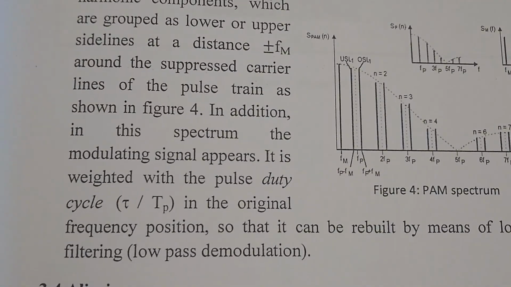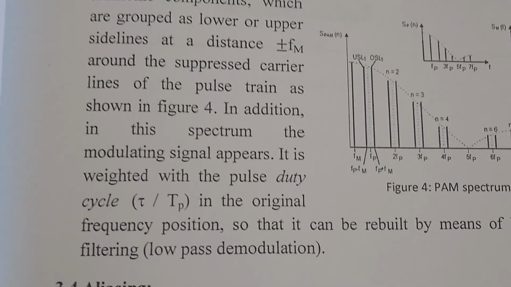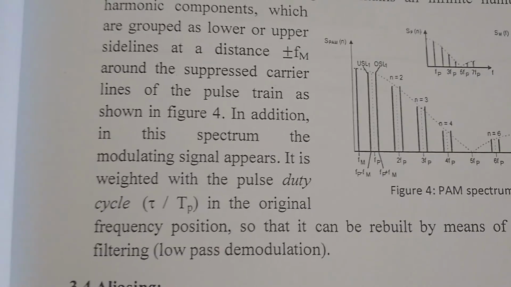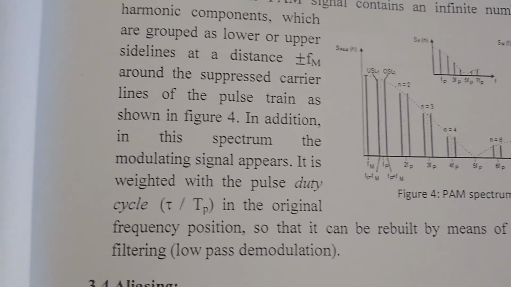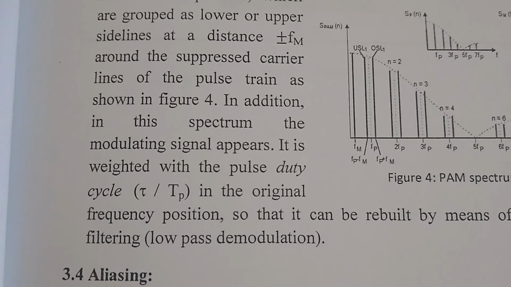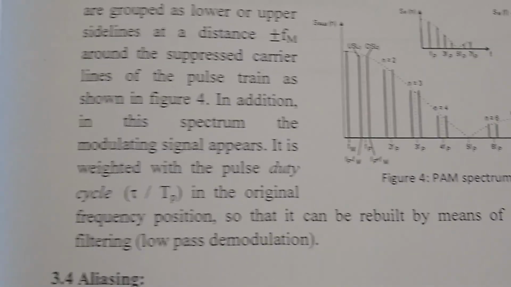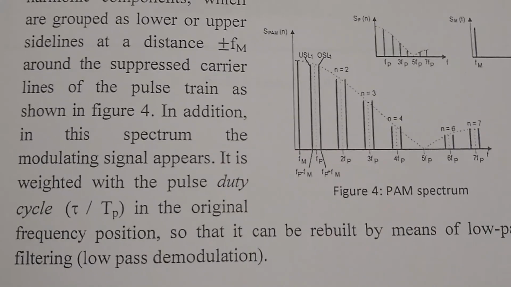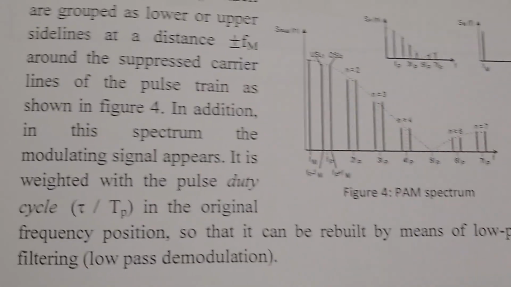Around FP you can find FP plus FM and FP minus FM, like an upper sideband and a lower sideband. Similarly, around 2FP, 2FP plus FM and 2FP minus FM. Around 3FP, you will get 3FP plus FM and 3FP minus FM.